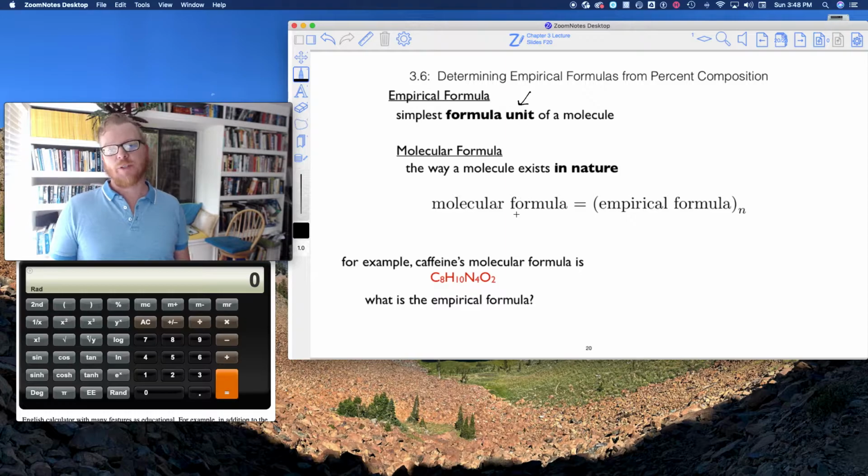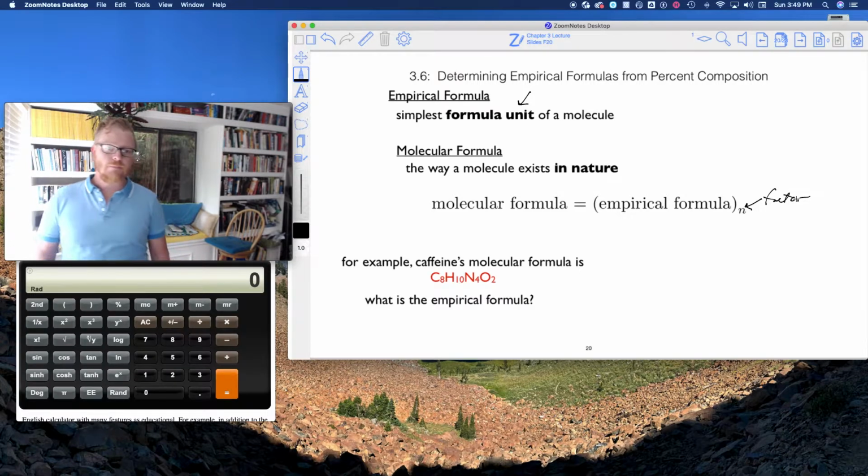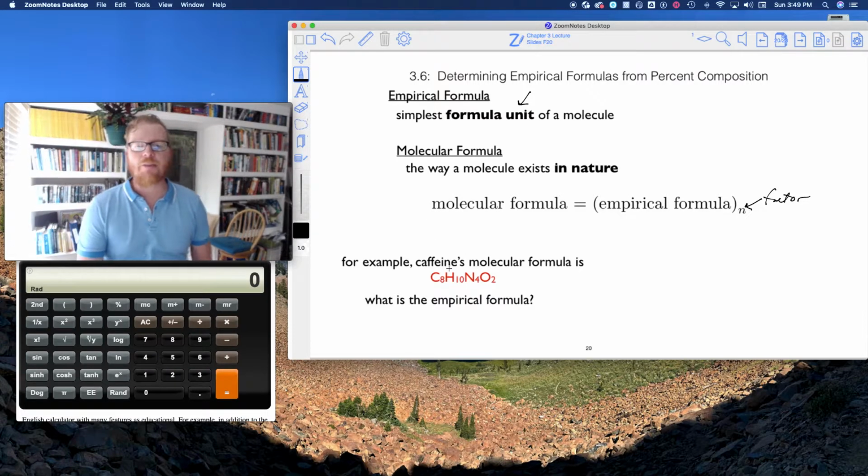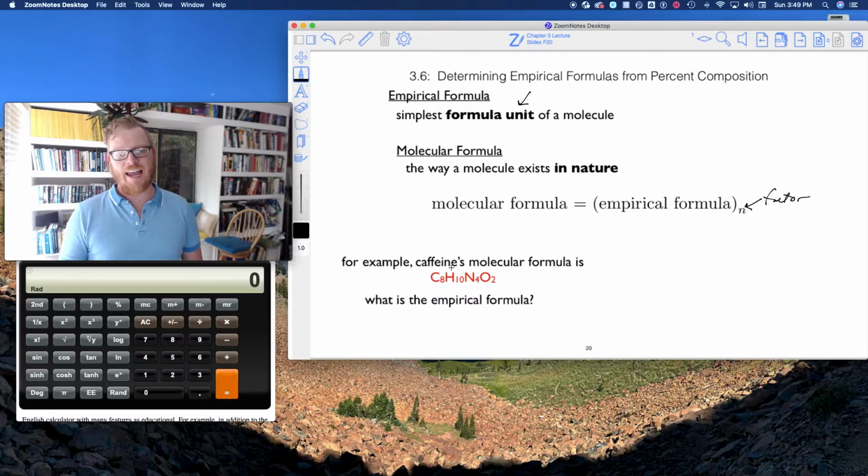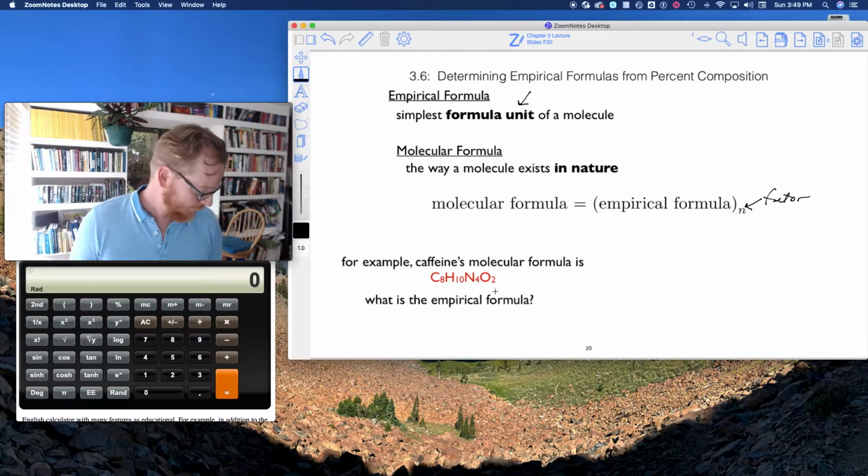Okay? And there's a relationship between molecular formula and empirical formula, and it's subtle the way I've written this down, right? Notice this. Molecular formula equals the empirical formula times some factor. So for example, caffeine's molecular formula is C8H10N4O2.